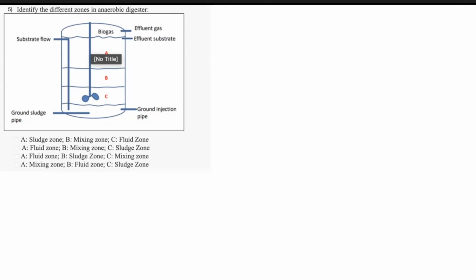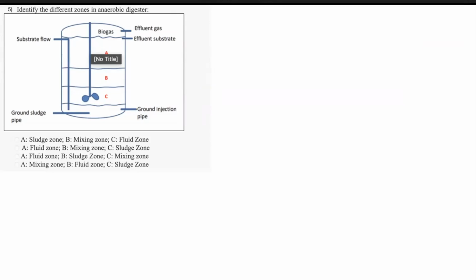Or A is the fluid zone, B is the mixing zone, and C is the sludge zone? Or A is the fluid zone, B is the sludge zone, and C is the mixing zone? Last, A is the mixing zone, B is the fluid zone, and C is the sludge zone.